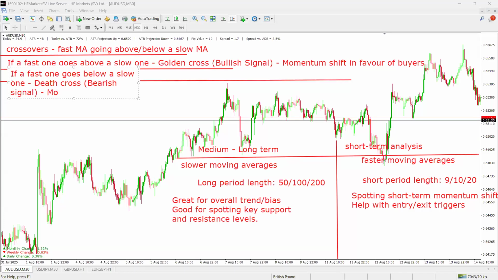And this is a momentum shift in favor of sellers.